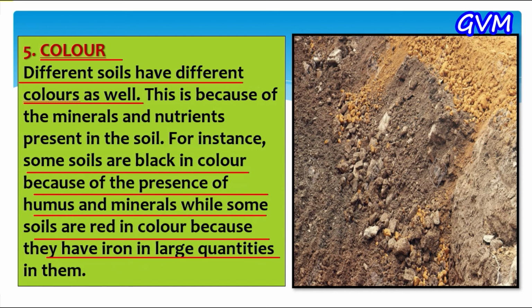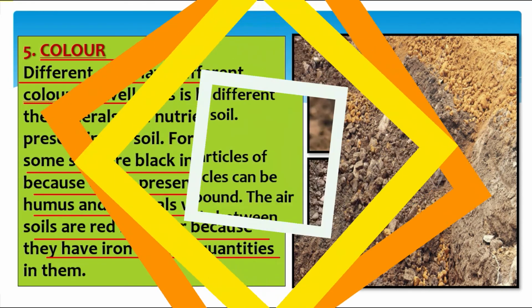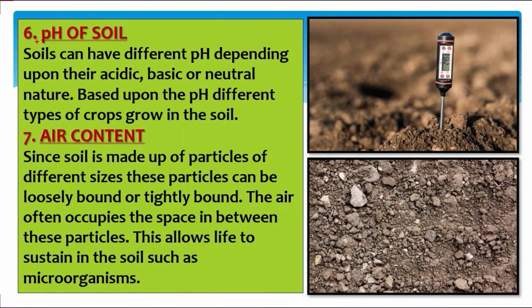That makes them look red. In the same way, different soils have different colors due to the presence of different kinds of minerals in them. Now, another property of soil is pH.